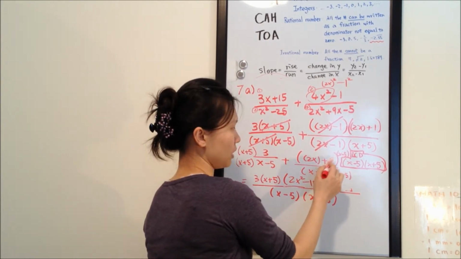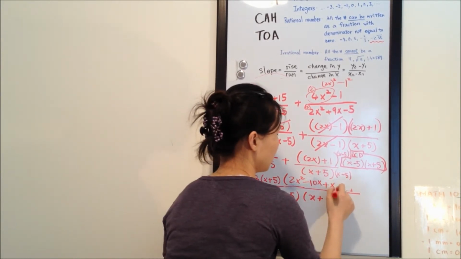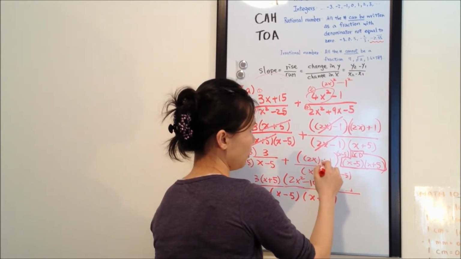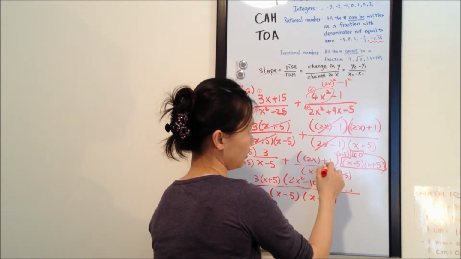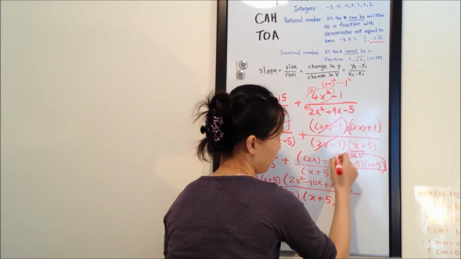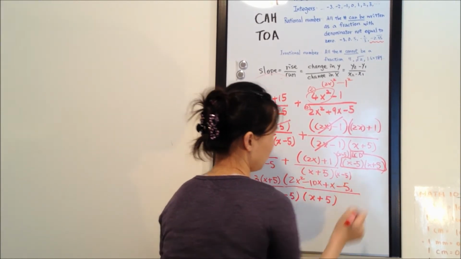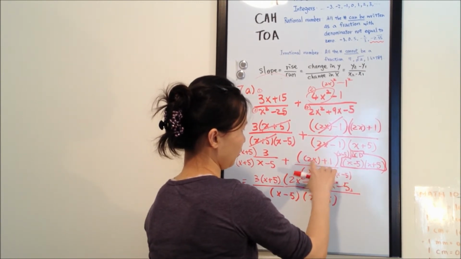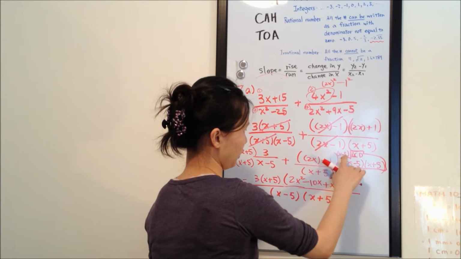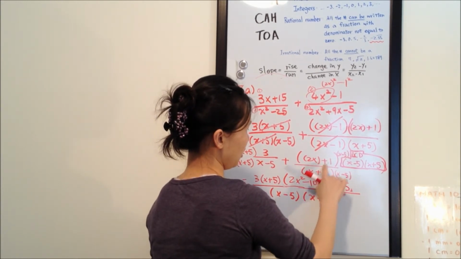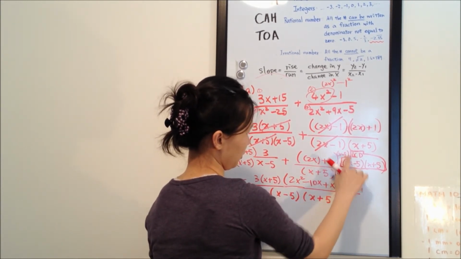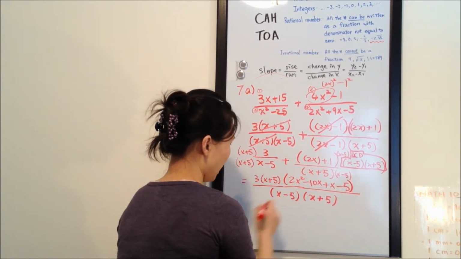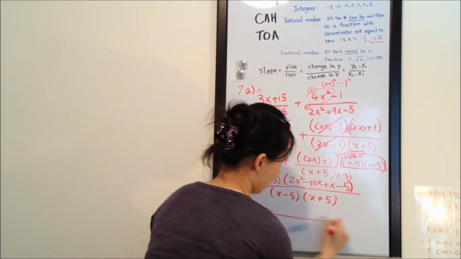Alright, and then 1 times x equals positive x. And then plus 1 times negative 5 equals negative 5. Alright, so you have 4 terms now. This one times this, equal this one times this: negative 10x, x, negative 5. Alright.